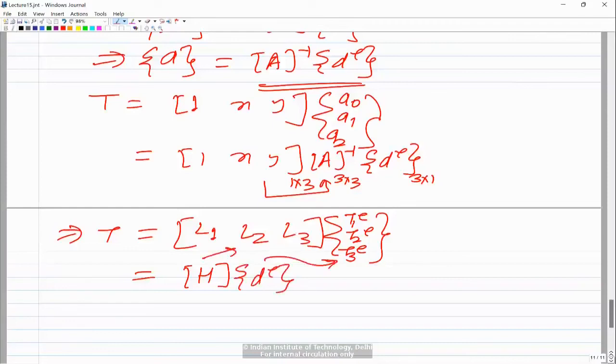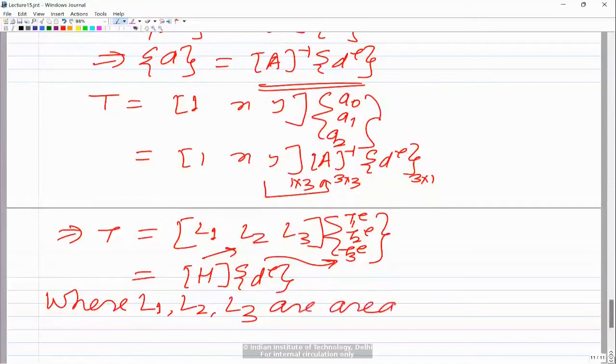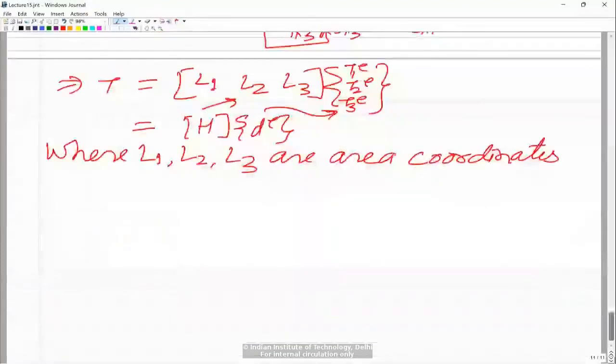Here L1, L2, L3 are area coordinates. Why are they area coordinates? Because when we multiply this 1 x y with A inverse, this turns out as the ratio of areas, as I'm going to define just now. So let me sketch the triangle here again, because I will be referring to it.